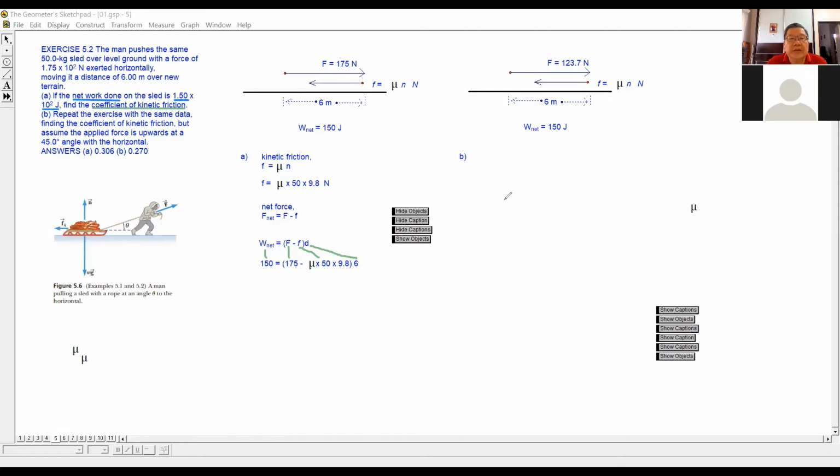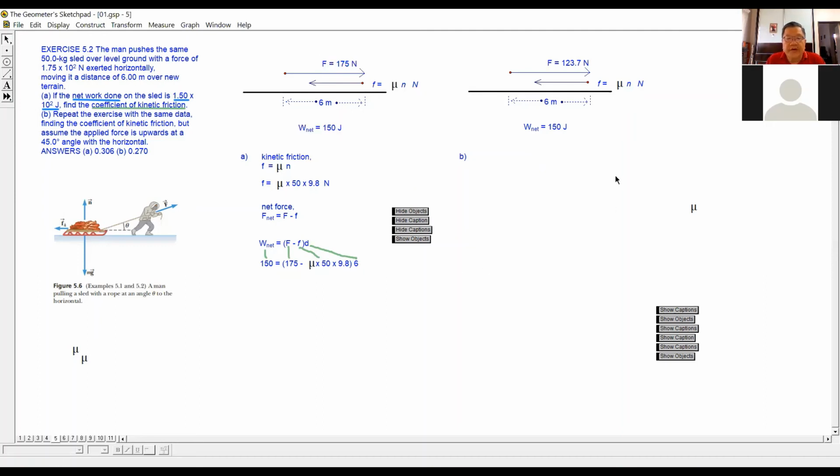Okay, so this is what I mean by given the forces and the work done, we should form an equation, right? An equation for the net work. The net work equal to net force times the distance. Net force is applied force minus the frictional force.